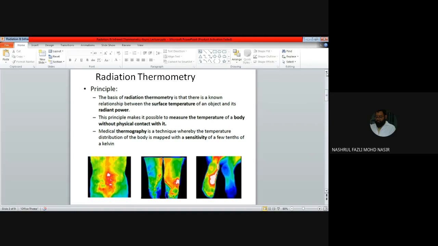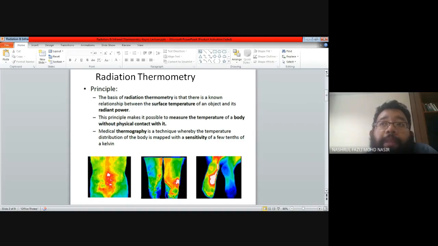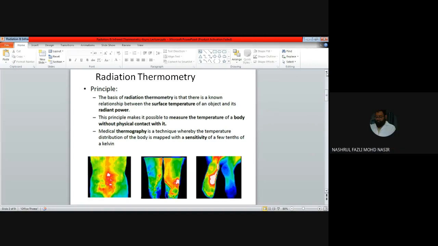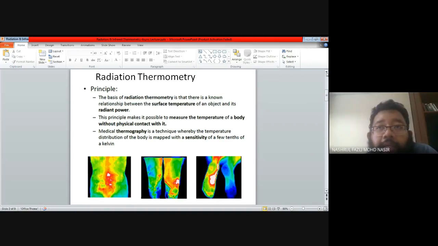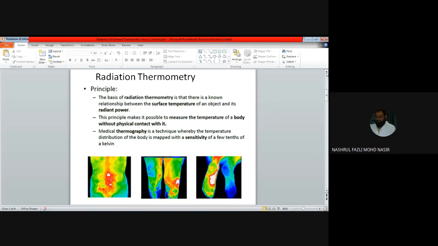But for us biomedical engineers, or doctors, we are interested in knowing the temperature of a patient that has a disease or type of illness, where the doctor should avoid touching the patient.